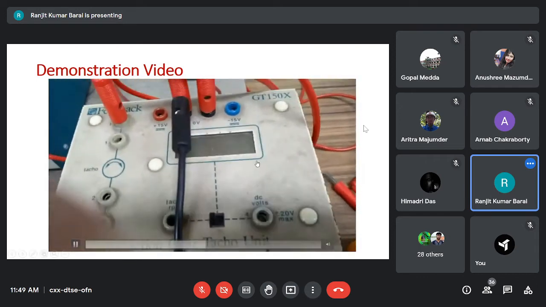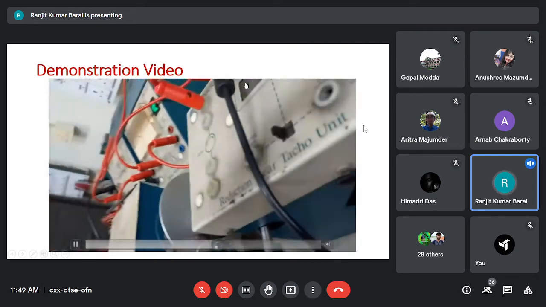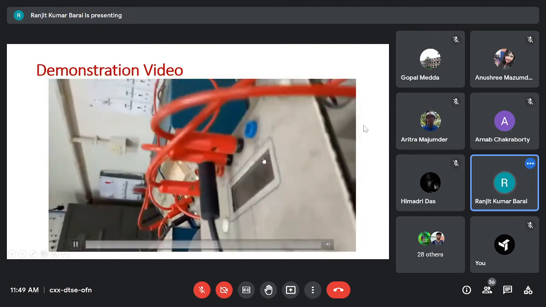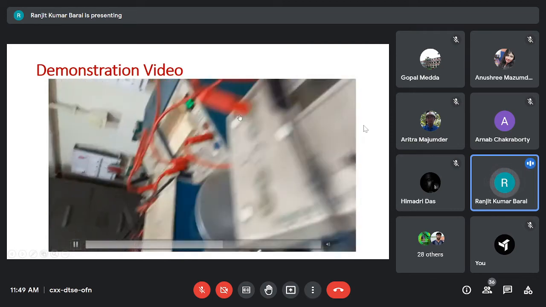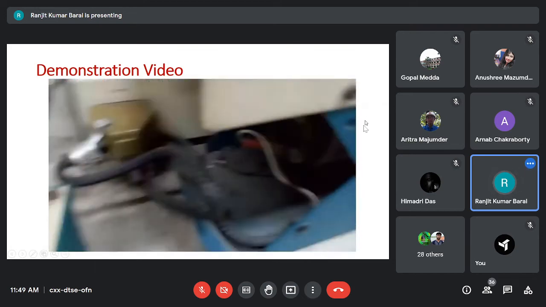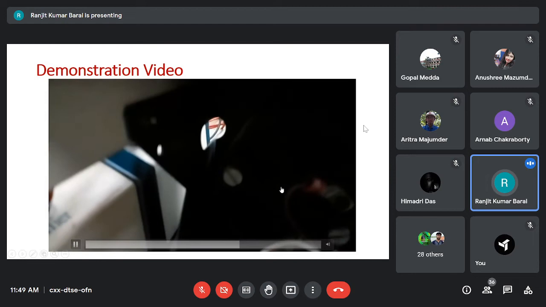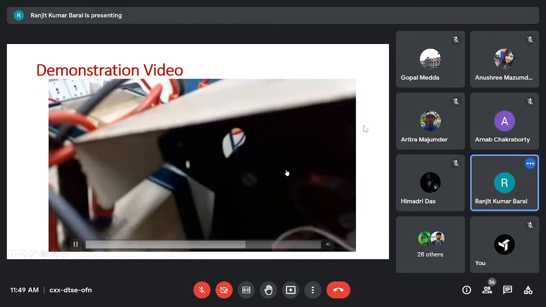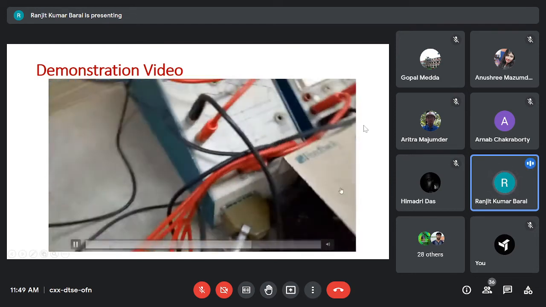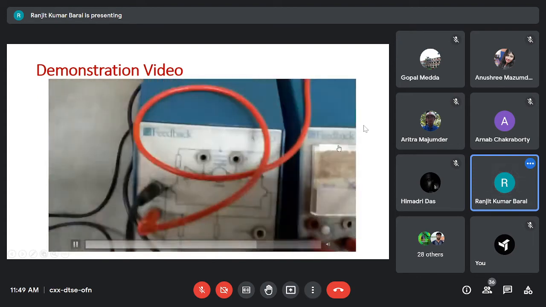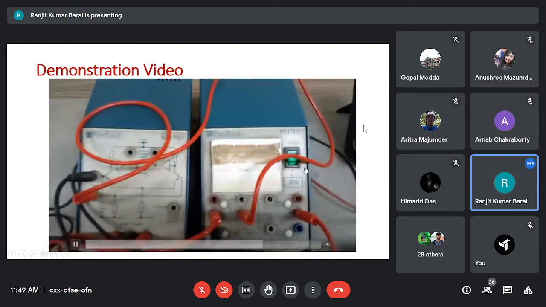You can measure the voltage generated at the output of the DC tacho generator. I tried to take a picture at the bottom of this covering, but sufficient light was not there.